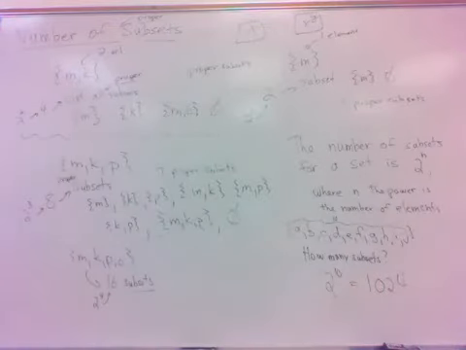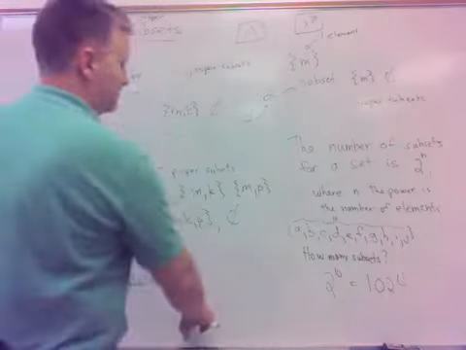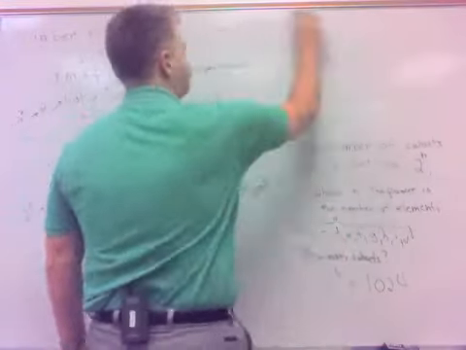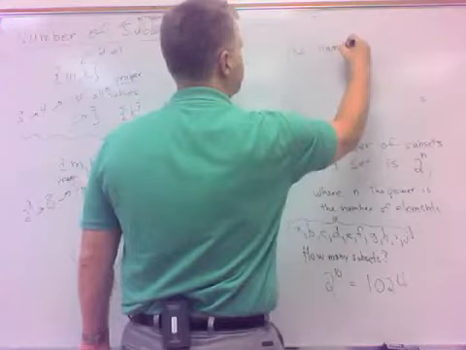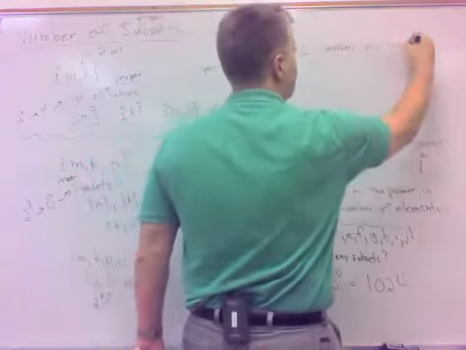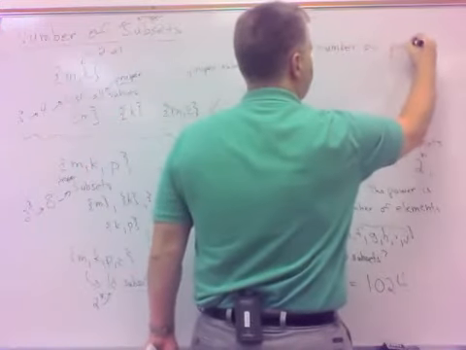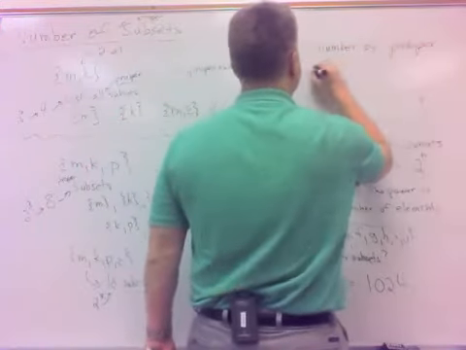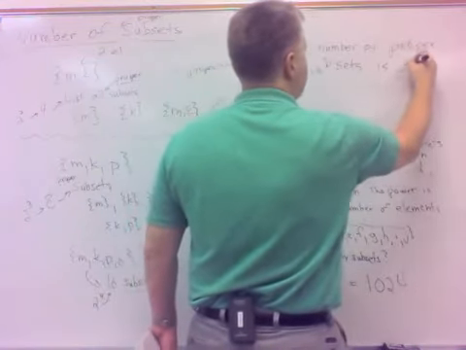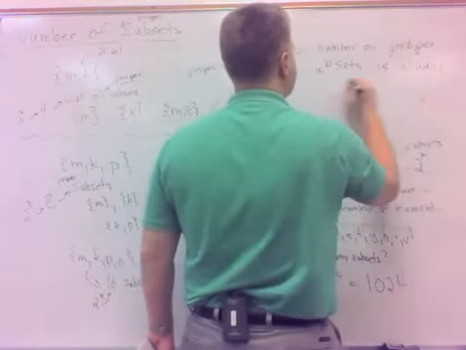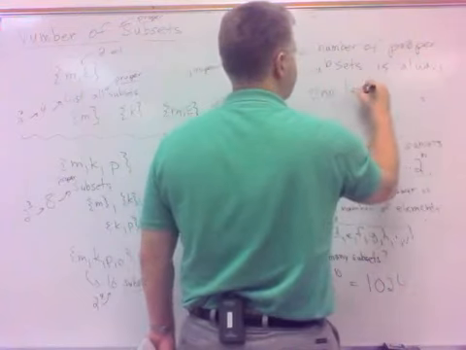It's 1 less. The number of proper subsets is always 1 less than the number of subsets. That's the rule.